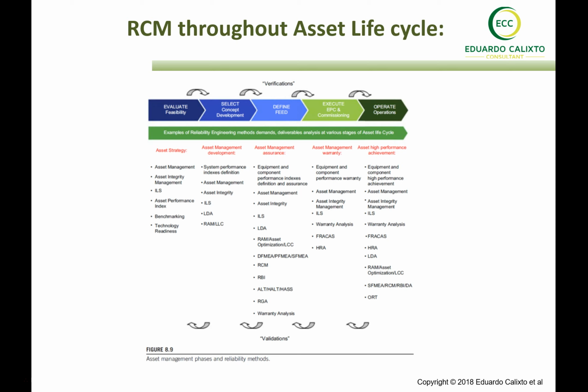But the focus here will be to understand the link between the design and the maintenance policy defined in the RCM, to the implementation of such preventive maintenance defined here in the asset management routine, and that means operation and maintenance routine.